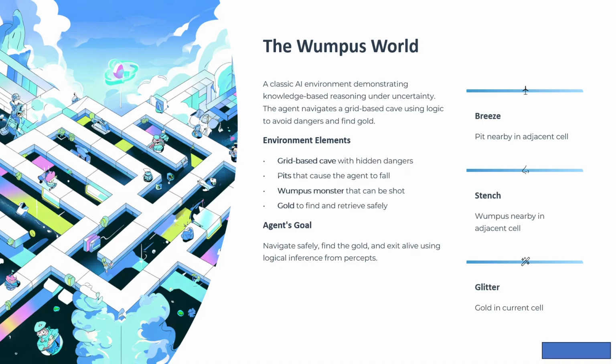The agent's goal is to use logical inference based on these sensory clues to safely reach the goal and exit alive, avoiding the Wumpus and the pits. This example shows how knowledge representation and logical inference are crucial for reasoning under uncertainty.